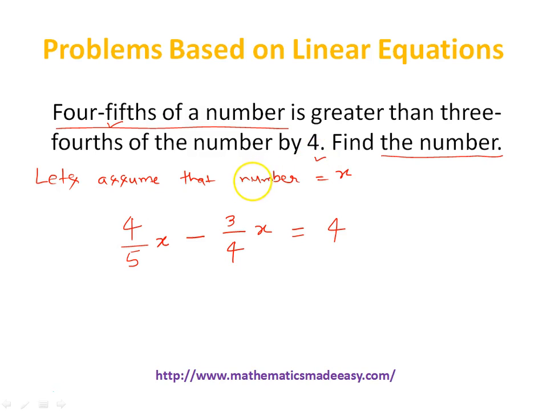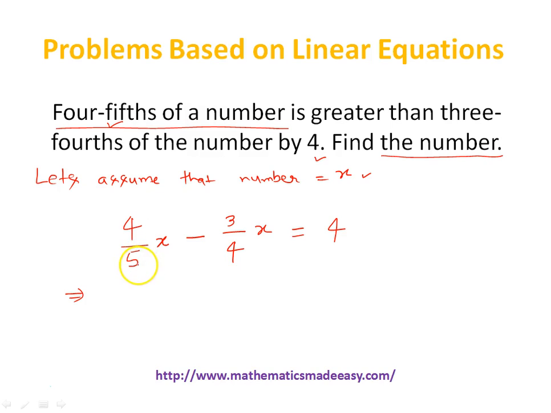So whatever has been said in the question, we have written as a linear equation in that way. Now we'll simplify this equation and figure out the value of x, and whatever the value of x is, that would be our answer, right? So let's solve this.